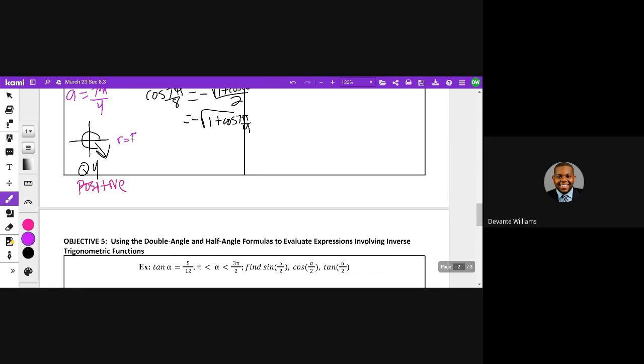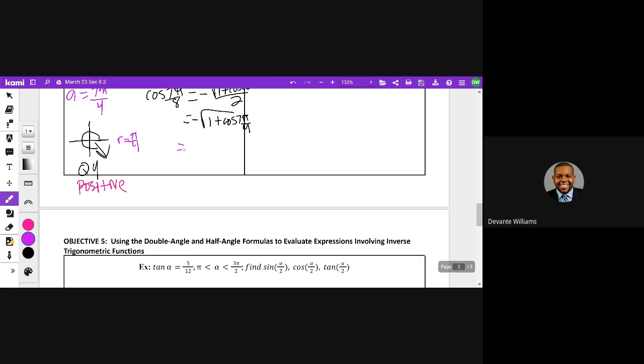What is the cosine of pi over 4? Use the cheat sheet that I gave you to find the cosine of pi over 4. What did you get? Take a minute. You should get 1 over the square root of 2. So let's rewrite and plug that in.